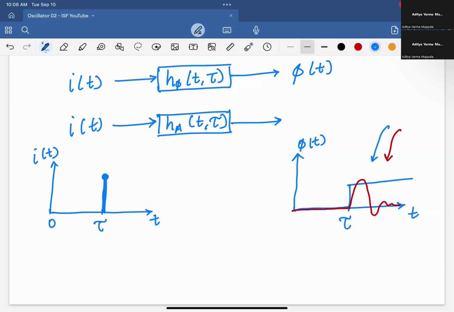Essentially, if I have an oscillation going on like this, and I introduce an impulse at some point in time, let's say somewhere here, then it decays like this.